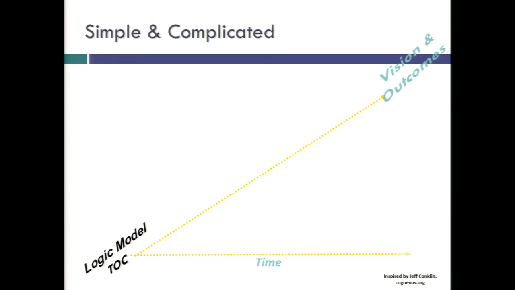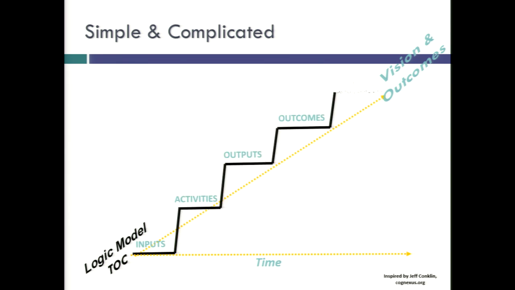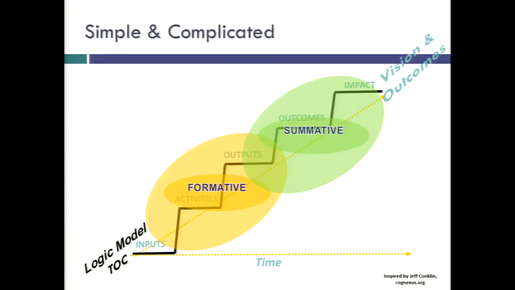So we have our inputs, activities, outputs, outcomes, impact. If you've done a logic model, you'll recognize those categories. Very linear, sequential, and predictable in theory. And so we can do our formative and our summative evaluations, okay?